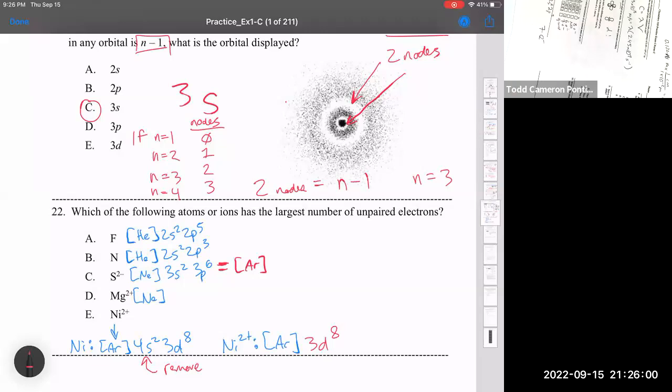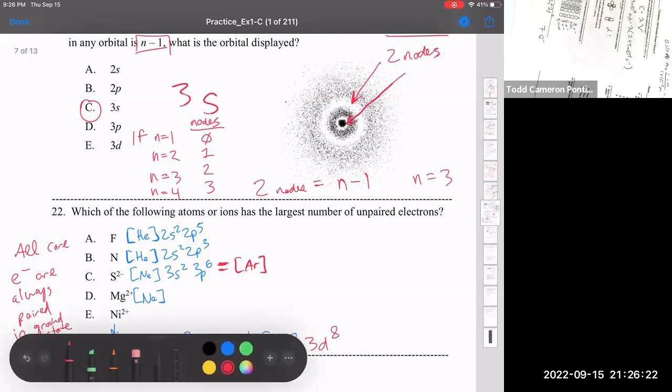The other thing to note is all core electrons are always paired in the ground state. So you don't actually have to look at any of the core electrons here. Now then, let's do some diagrams. I really think diagrams are the best way of mastering quantum numbers.